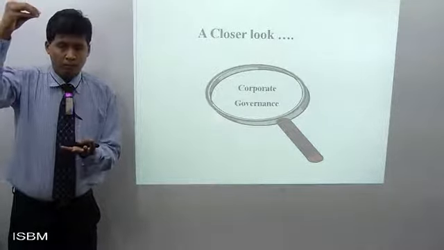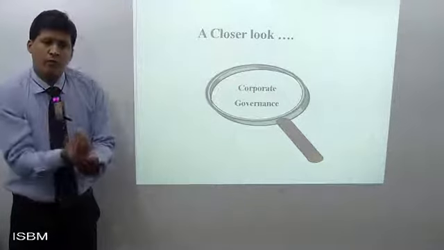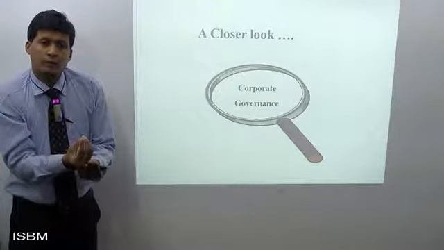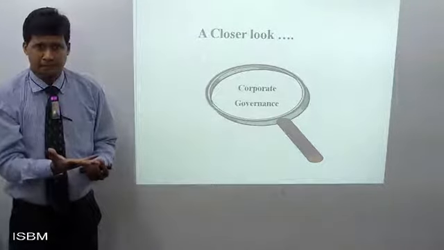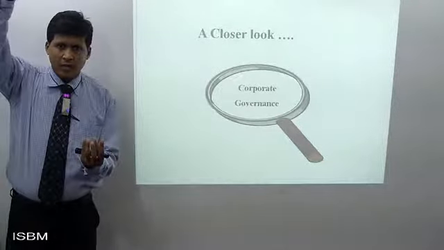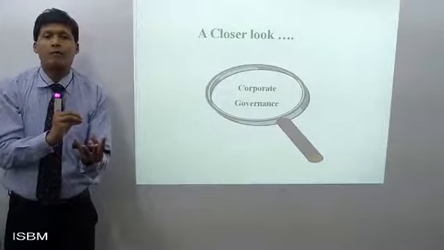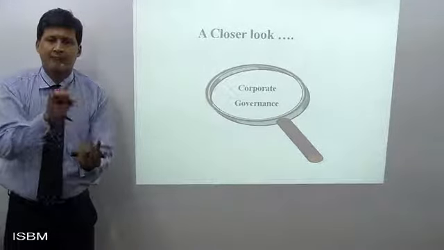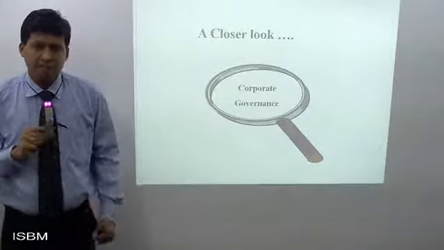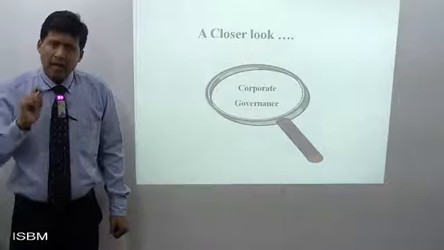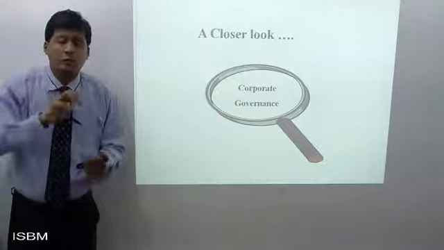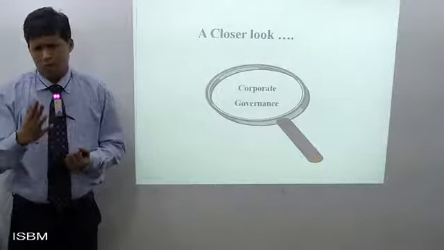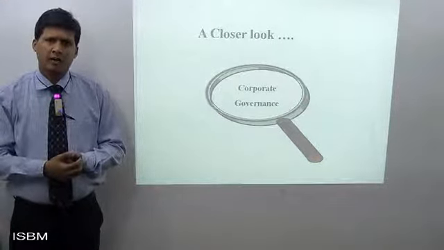And the opposite of a bird's eye view is a worm's eye view. That's what we commonly call attention to detail. One is a bird's eye view, the other is a worm's eye view, where we get into details. A question to you students: as managers, should you have a bird's eye view or the worm's eye view? What's your take on it?